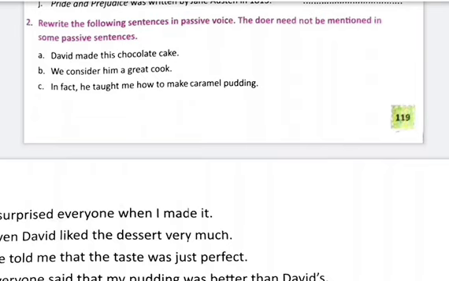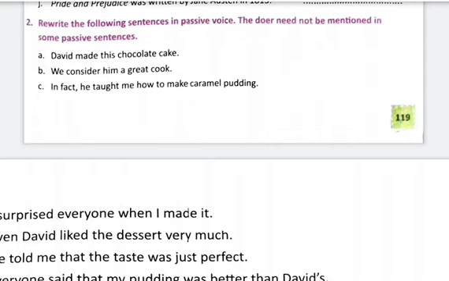We subject, consider verb, him object. Now in passive, him will become he. Now consider is in present tense. So we will take help of be verb either am, is or are.